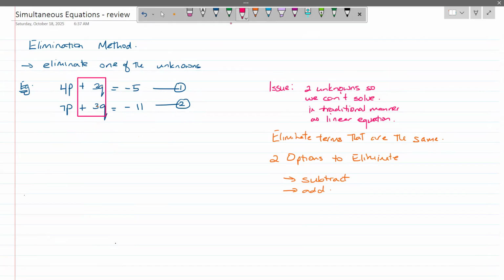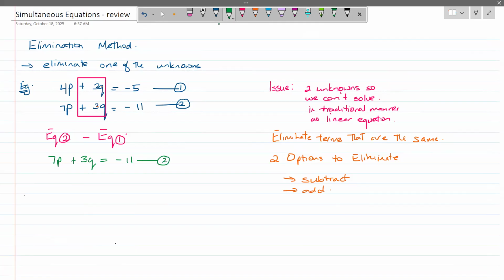Let's try subtracting. If I subtract these two equations, and better yet, let's rewrite them. Let's say equation 2 minus equation 1. I'm going to do this since we have some of the larger numbers in equation 2. So if I rewrite it like this, I have 7p plus 3q is equal to negative 11.